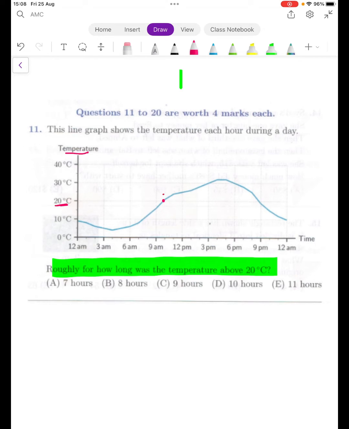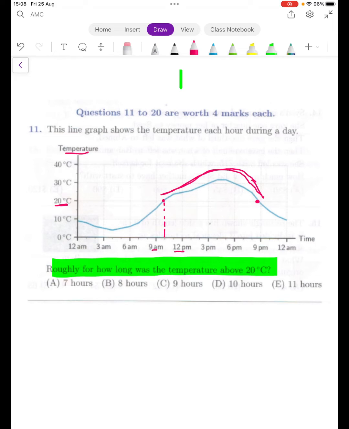So above 20, this is the 20, and this part of the curve is all above 20 until it reaches this point. And from this point, it goes below 20 again. So we are only interested in this part of the curve. Let's see what time it was when it started going above 20.